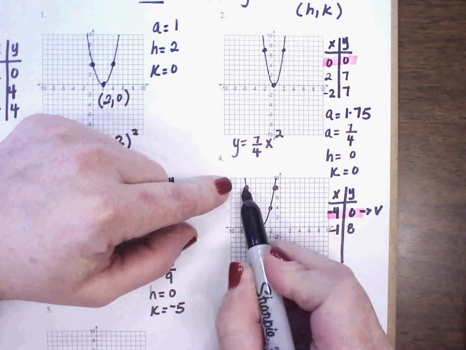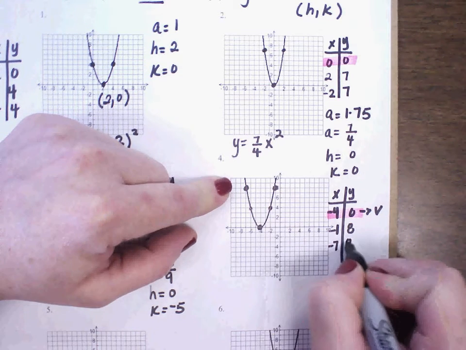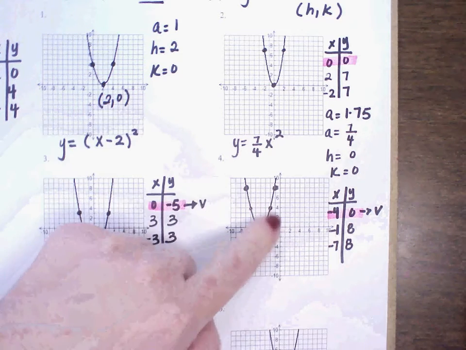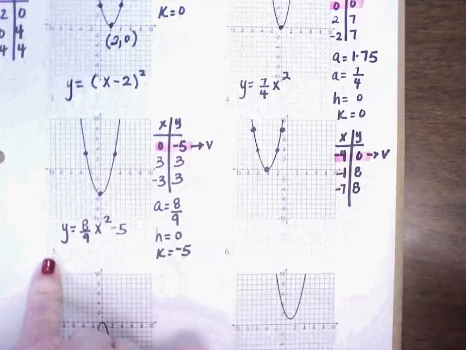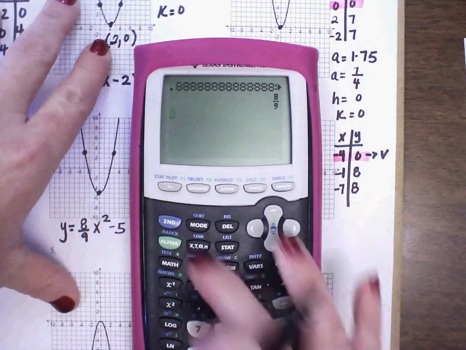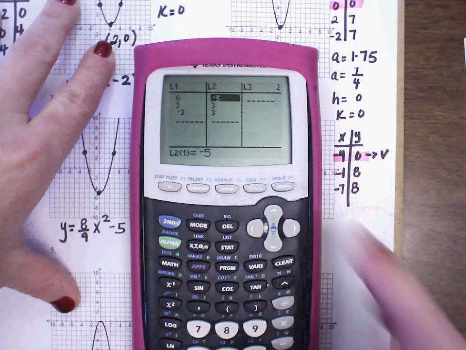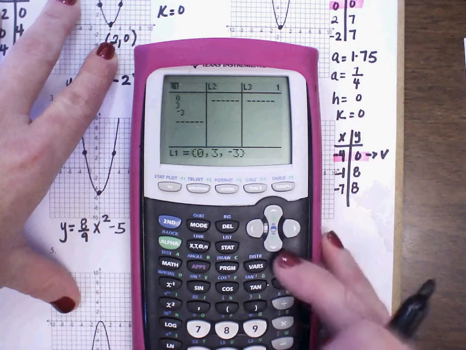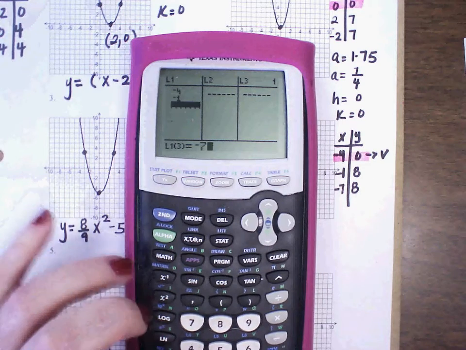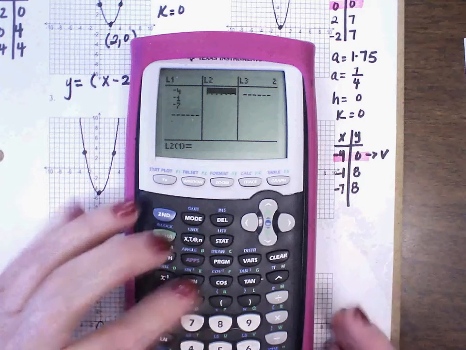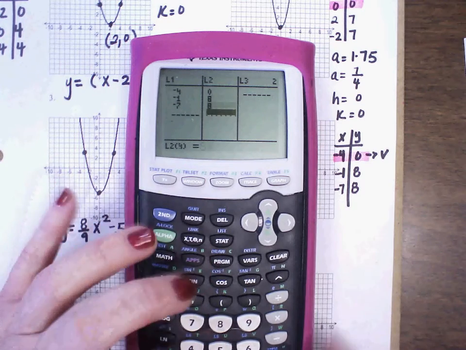All right, and then this one would be negative 7 and 8. I do know that the A has to be positive, right? Because it opens up. That's how you know that you're doing it correctly. So let's do our quadratic regression. Negative 4, negative 1, and negative 7. And then 0, 8, and 8.